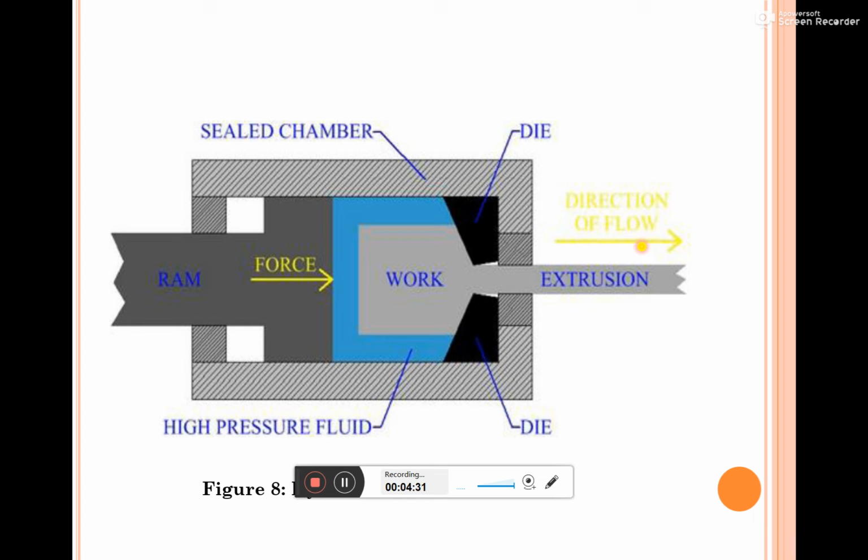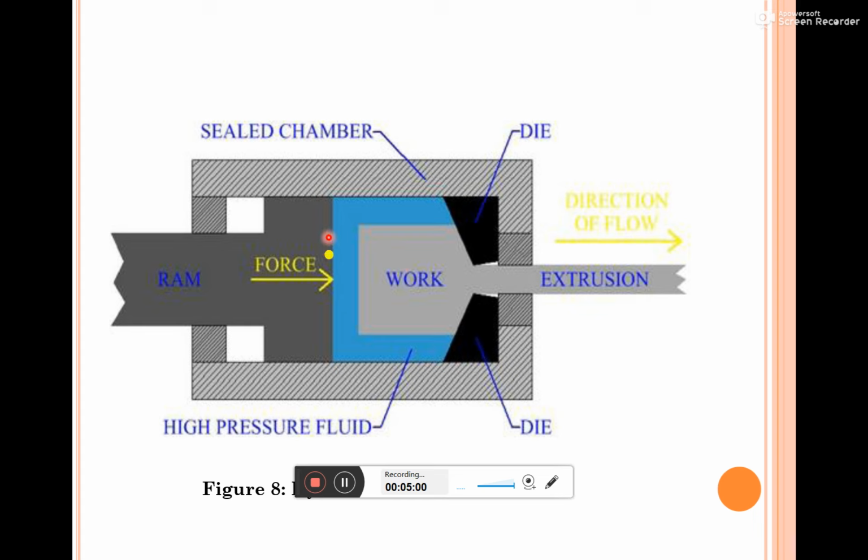Mainly in this hydrostatic extrusion process we are going to use high pressure fluids. In this process, the workpiece is located inside the chamber. We place the workpiece inside the chamber, and this side is completely closed off.